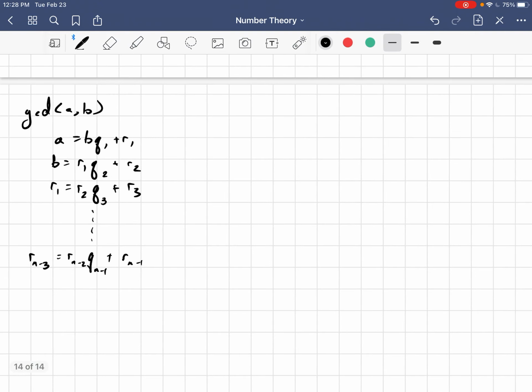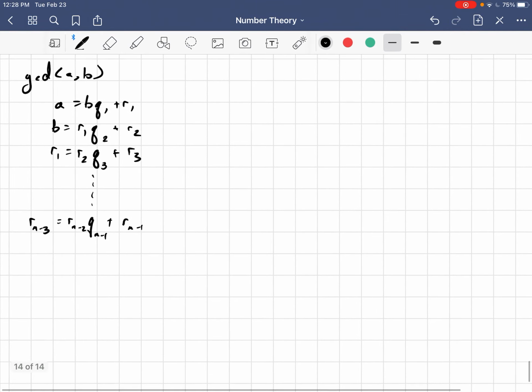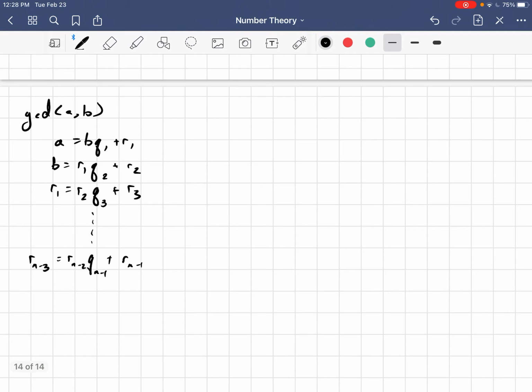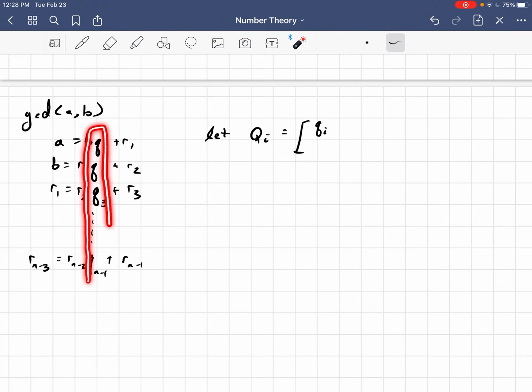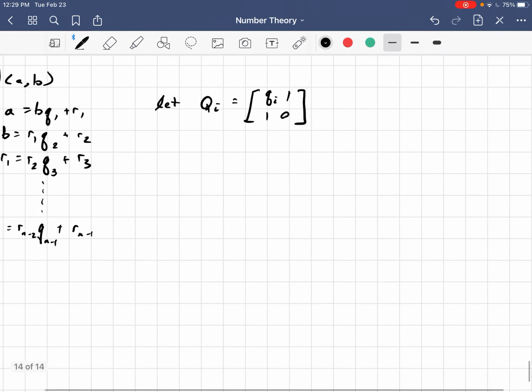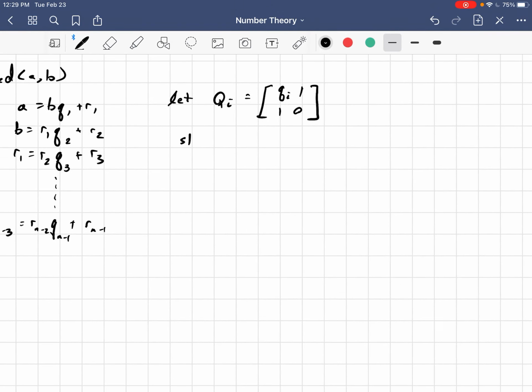Now, what I want to do might seem a little strange at first, but trust me, it'll make sense. I'm going to let Q sub i, a matrix, be equal to little q sub i, 1, 1, 0, with little q sub i being one of these quotients. I'm going to let Q sub i be that matrix.